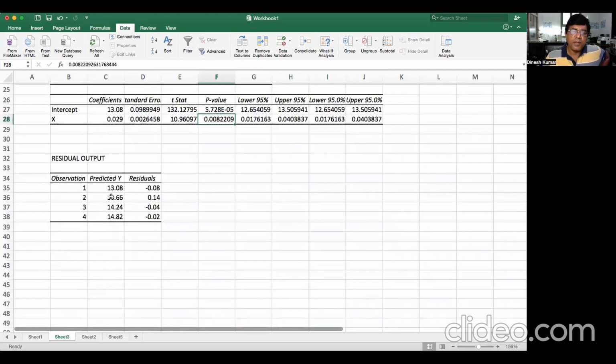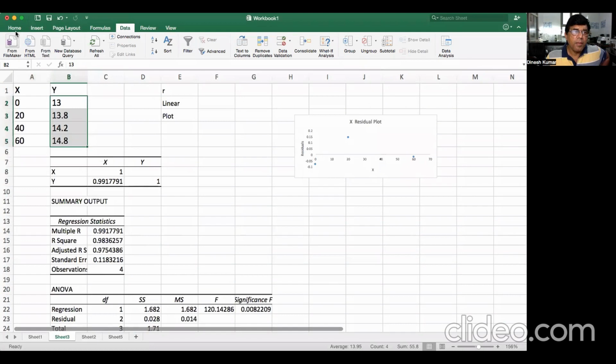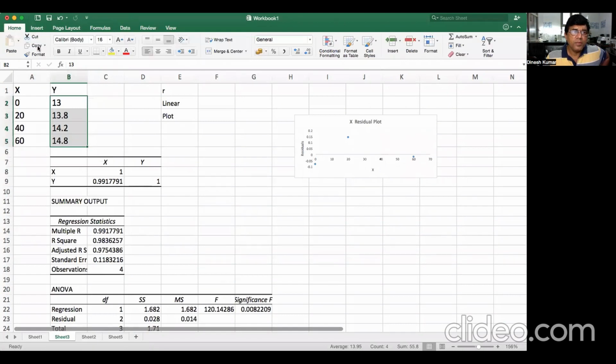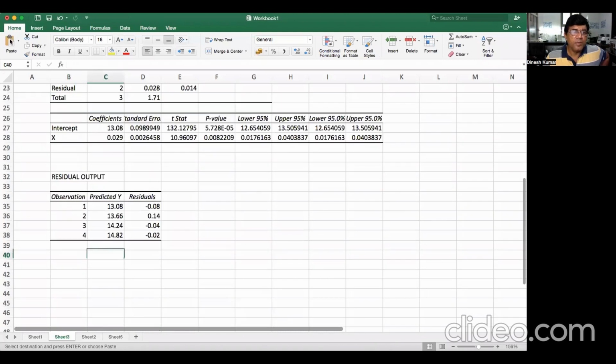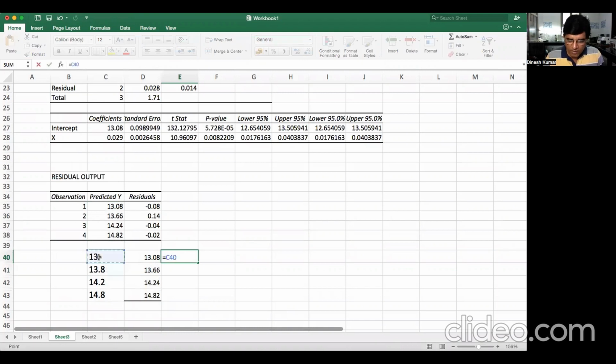So if you subtract this from this, you take this, copy, you can paste it here, and this is your predicted value. Copy it, paste it here, and take the difference, this minus this.